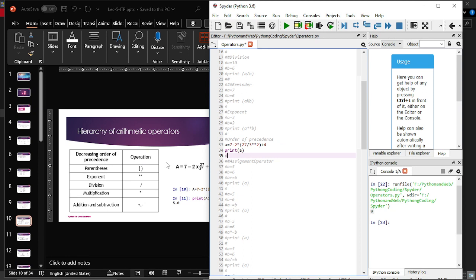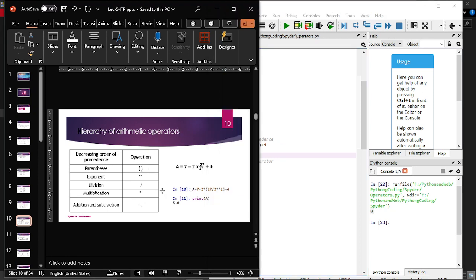So here what happens is, first we look into the things which are inside the parentheses. Here you see inside the parentheses is 27 divided by 3 exponent 2, and then next comes the working of the exponent.